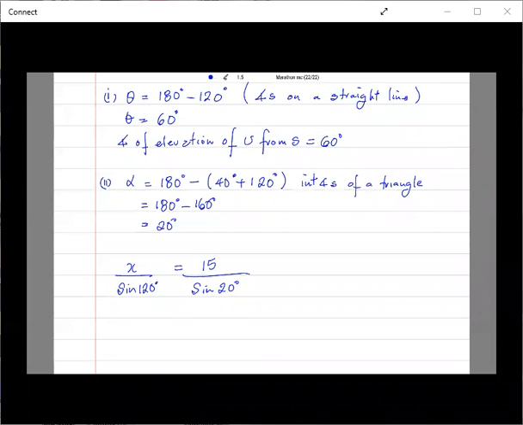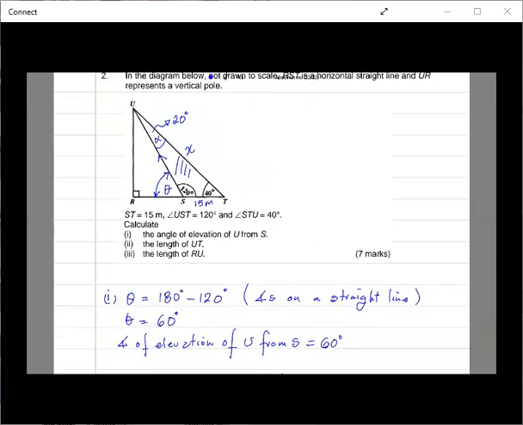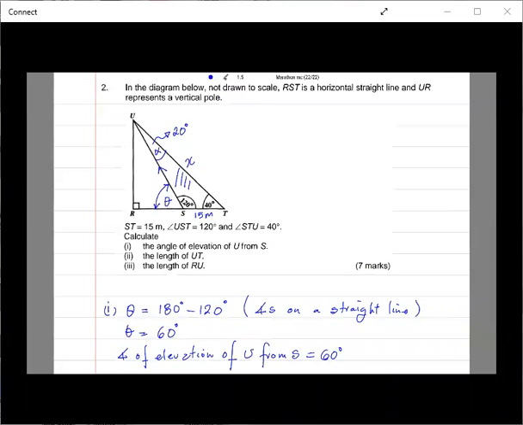So I said that x over sine 120 is equal to 15 over sine 20. That is because for the sine rule, the ratio of a side to the sine of the angle opposite to that side is a constant. That's what the sine rule says.